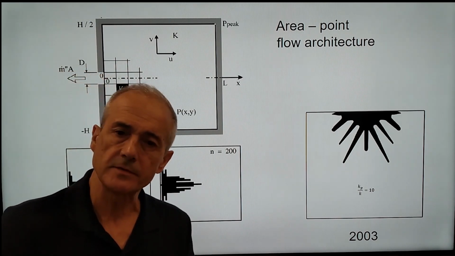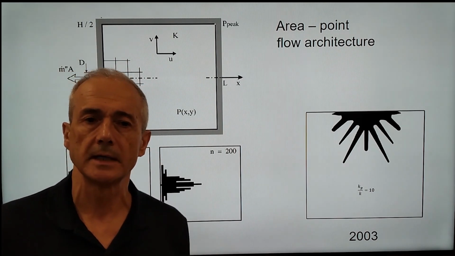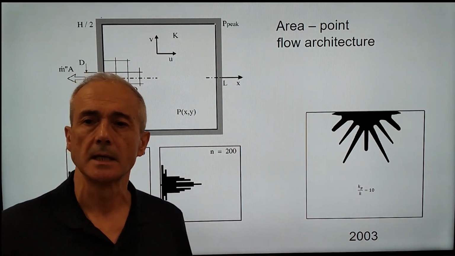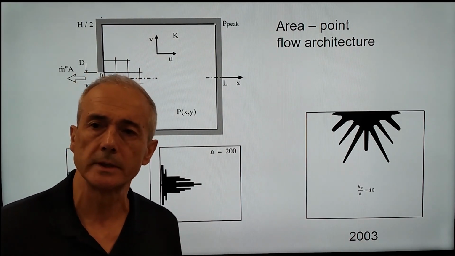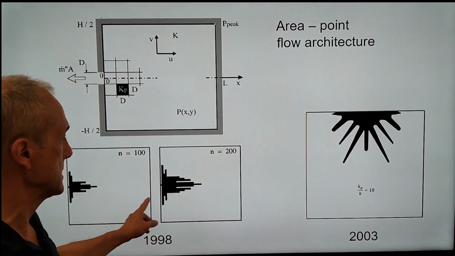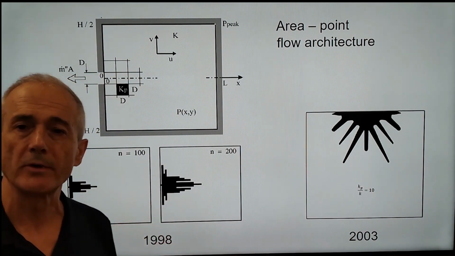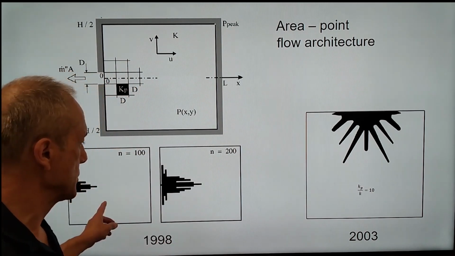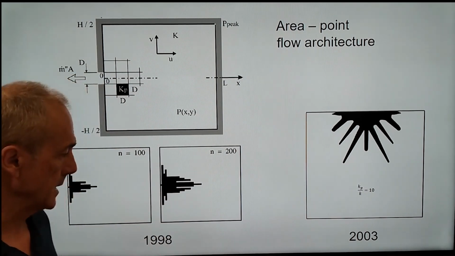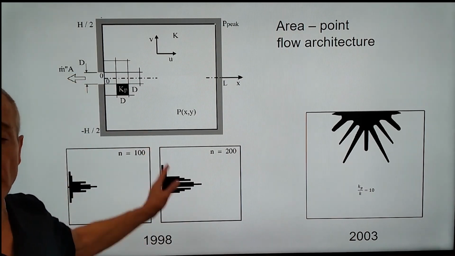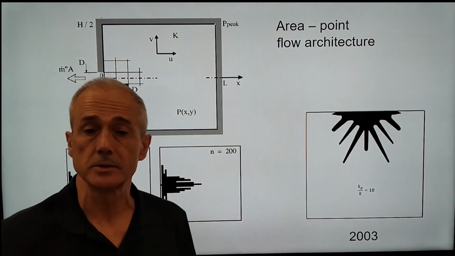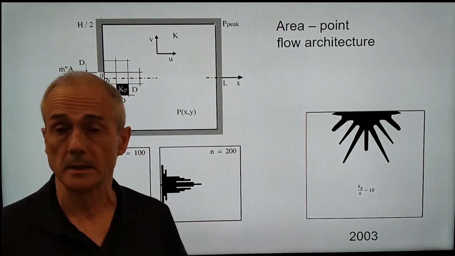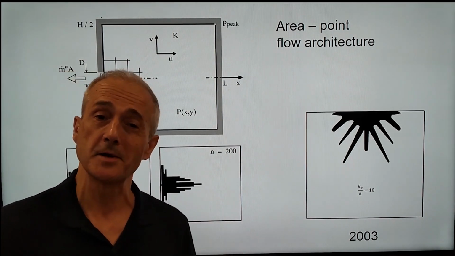If the seepage velocity is high enough, then it has the ability to wash away some of the grains, and in so doing, it creates these river beds that look like fingers. So that's shown here in the black. The old version is on the left, the newer publication on the right. The drawings are not identical, but the idea is the same.